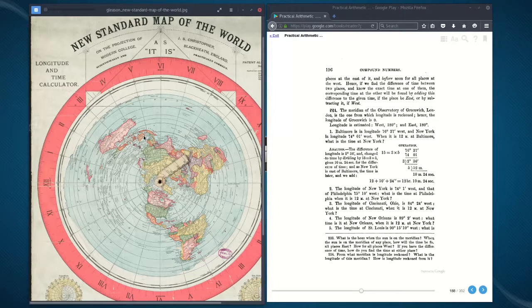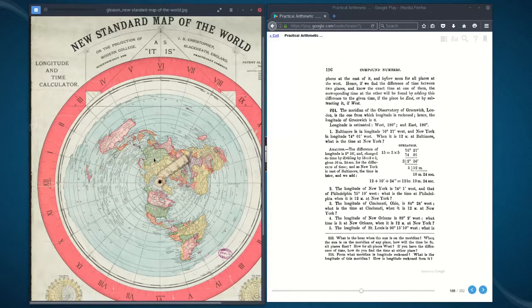So, New York is right there. Baltimore's just below it, but that is where it is. The shapes of the continents and the shapes of the land masses are correct on an azimuthal equidistant map, because they have to be in order for the time calculator to work. So in order for this calculator here to work, the land masses must be correct.